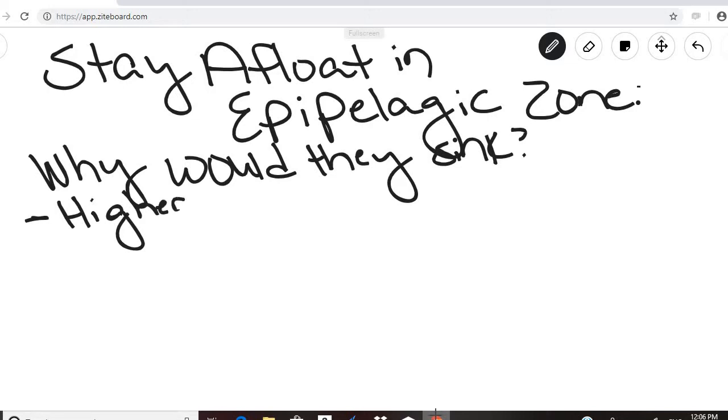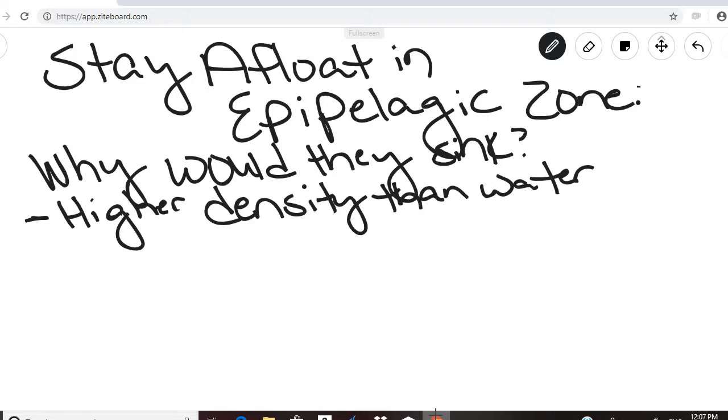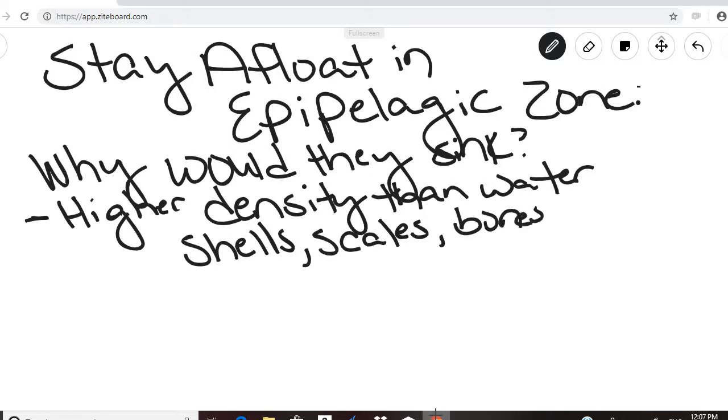I know we just said that the plankton don't, but some have a higher density than water because they have things like shells, scales, and bones, and all of those things would make it easy for them to sink. They also need to stay in the area where they can do photosynthesis. So they need to stay where they can do photosynthesis.